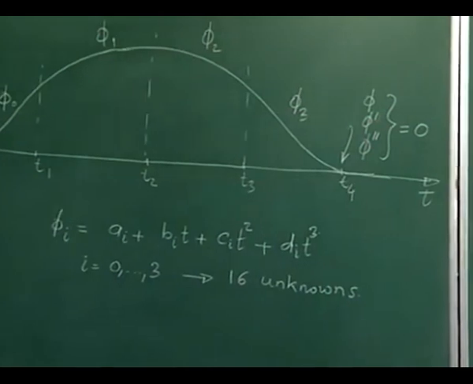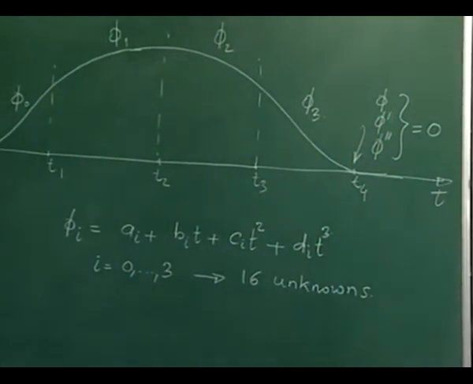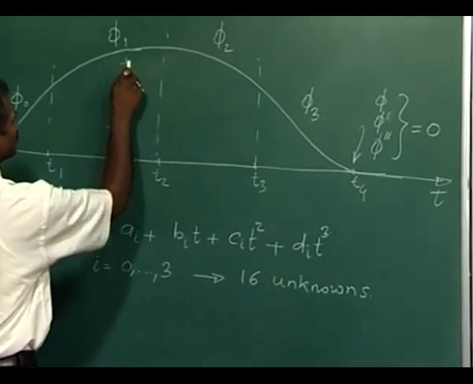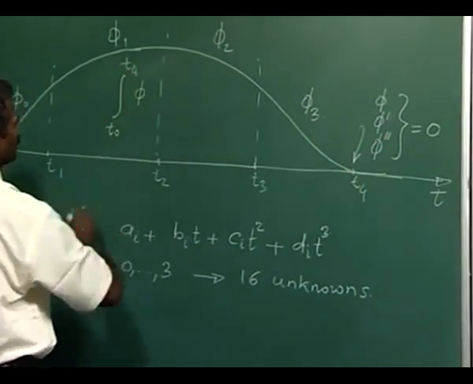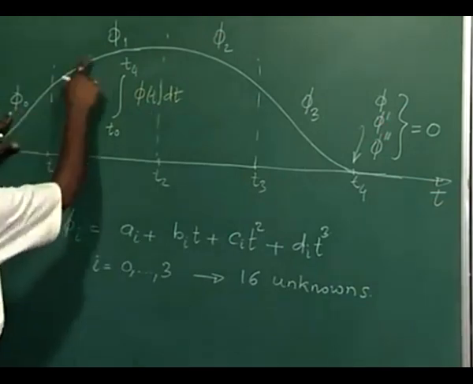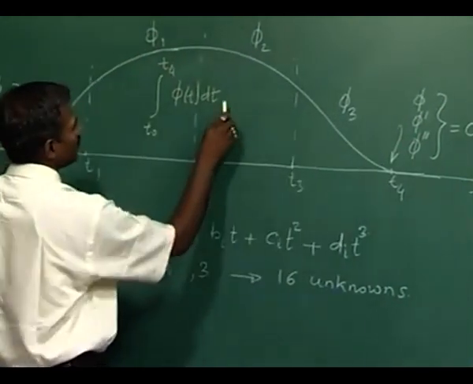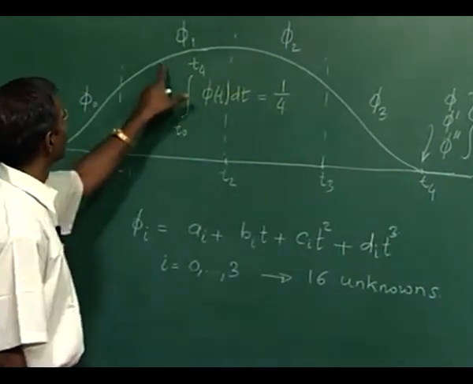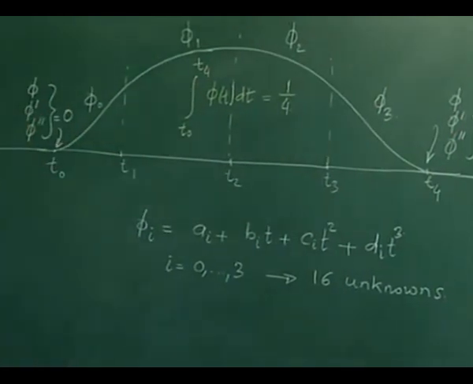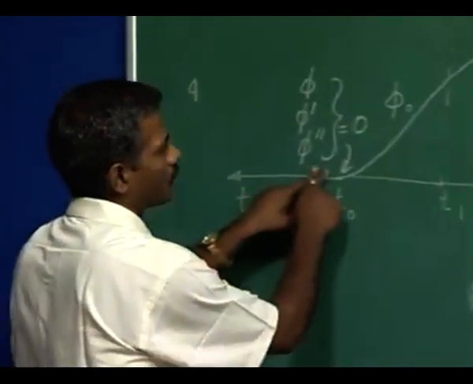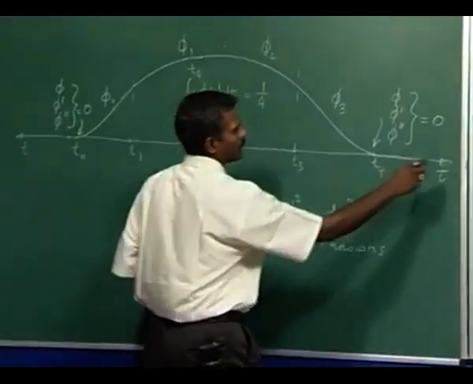Also recall that we had mentioned that the area under this curve, that is the integral from T0 to T4 of phi of t dt, where phi of t is the set of phi 0, phi 1, phi 2, and phi 3, is equal to 1 over 4. 4 is the order of this spline function. So these are 3 plus 3 plus 1, 7 conditions.